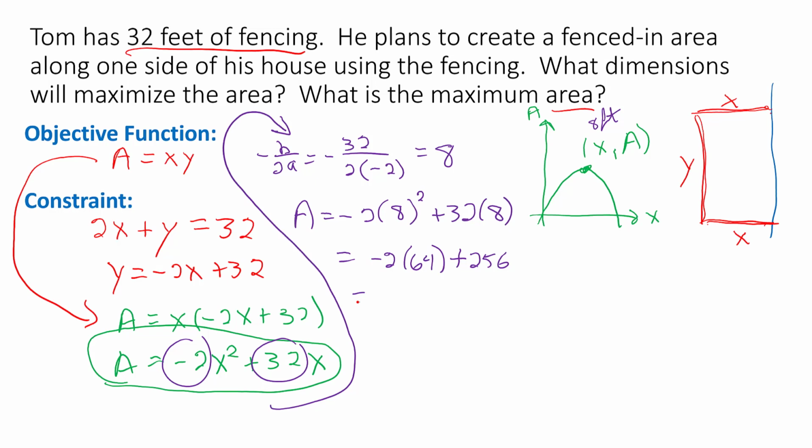So we have negative 128 plus 256. We end up with an area of 128 square feet, which we can write like this.